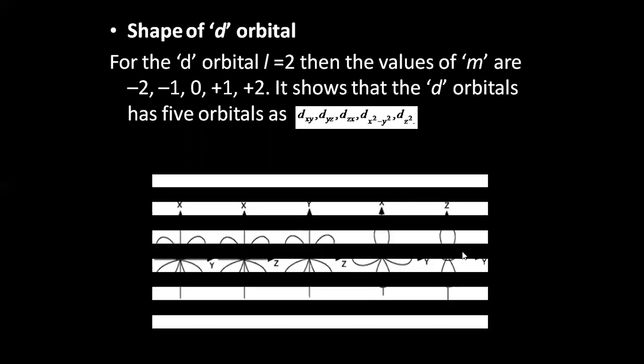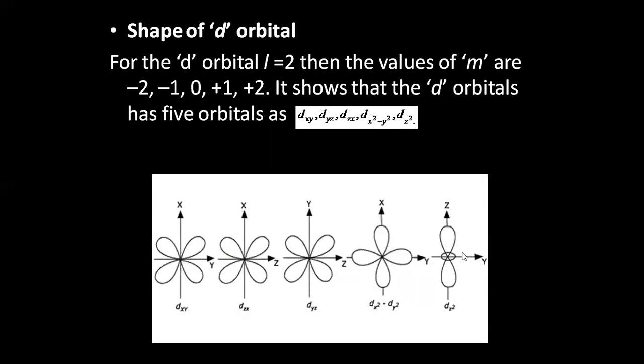If we try to draw the shape, remember that d orbitals are double dumbbell in shape. So this is dxy, a double dumbbell shape. You can clearly see 2 dumbbell-shaped lobes in between the axes x and y. dzx lies in between the axes z and x, and dyz in between the axes y and z. dx square minus y square lies along the x and y axes, and dz square lies along the z axis.